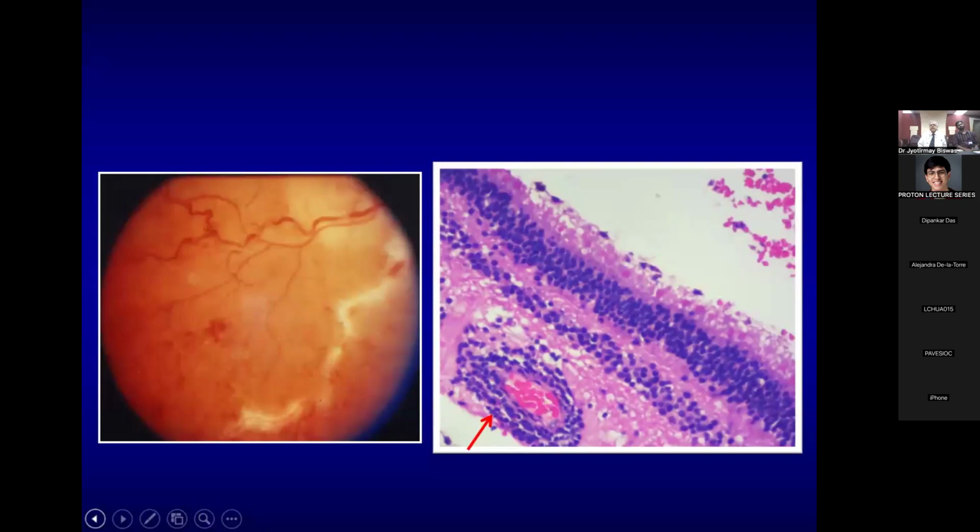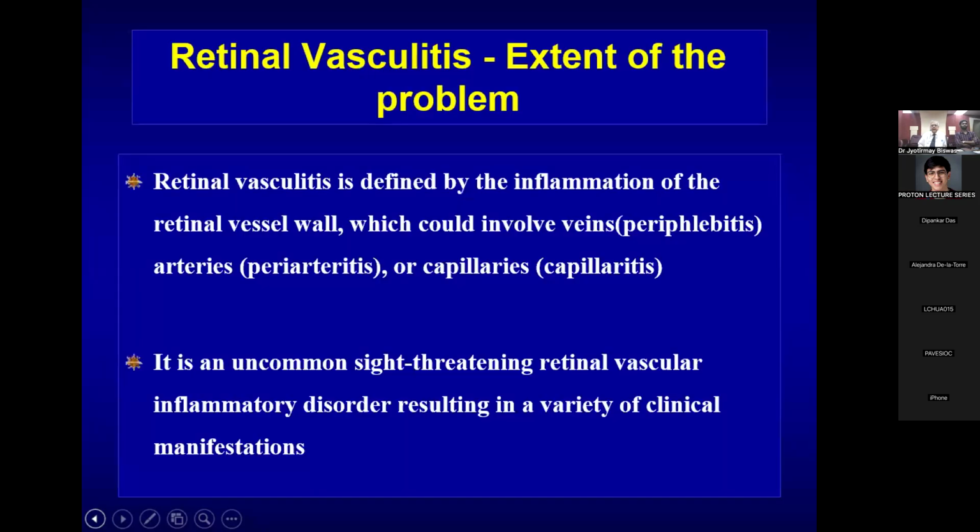Retinal vasculitis is inflammation of the retinal vessels, and these retinal vessels are located in the inner plexiform layer. In histologic sections from an eye, you can see lymphocytic cuffing around the retinal vessels. It is defined by inflammation of the retinal vessel wall, which could involve the veins.